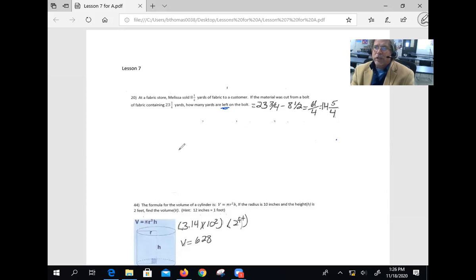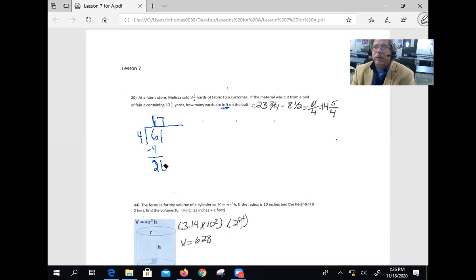Now, if I want to change it to a mixed number, that is a division problem. 4 into 61. Well, 4 goes to 6 one time, with the remainder of 2. Sorry, that should be a 2, my math isn't so sharp there.